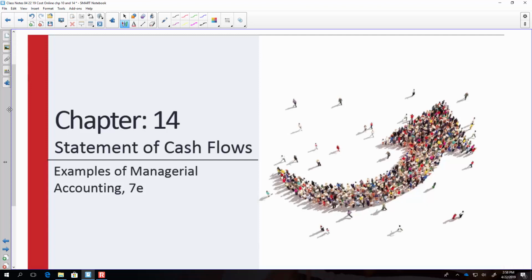Jumping to chapter 14 then, this chapter begins on page 791. The section that you will be responsible for in chapter 14 goes from page 791 all the way up to page 801, because we're not doing the direct method, we're only doing the indirect method.